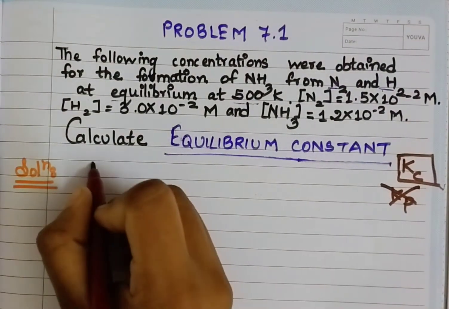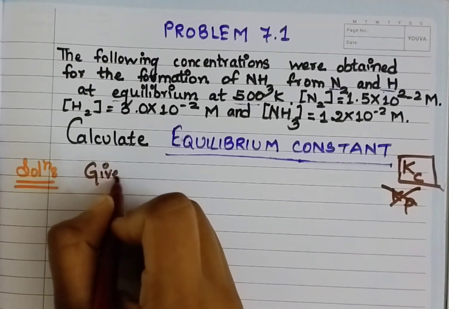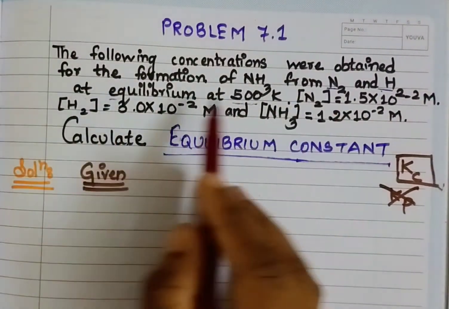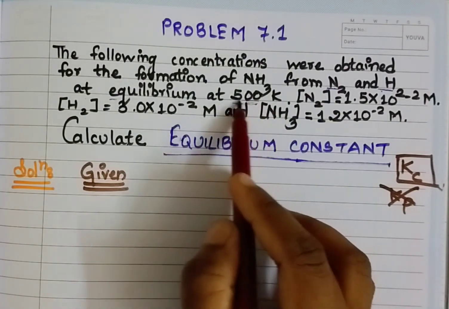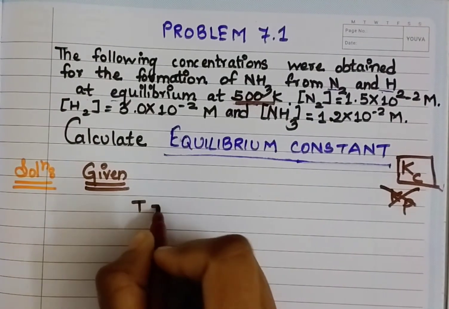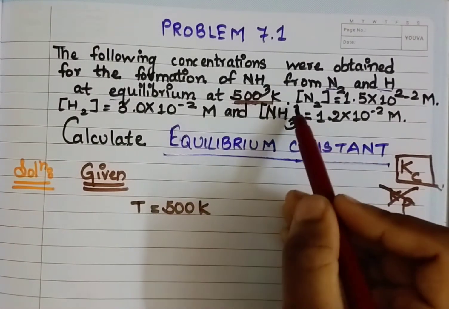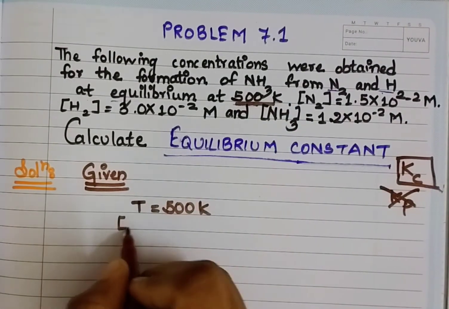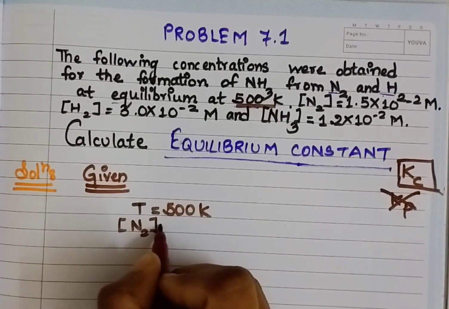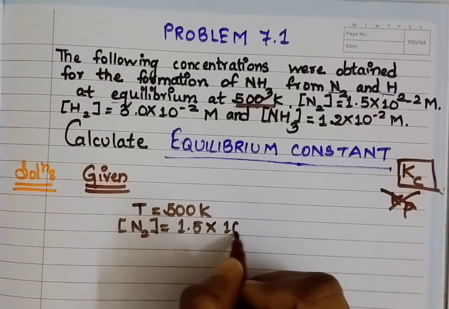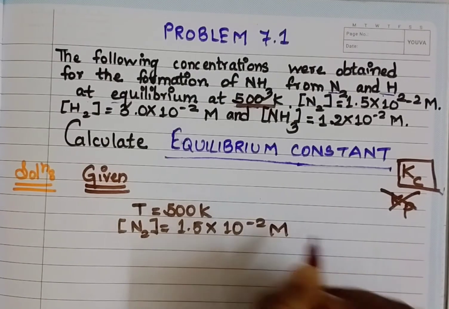Okay, then let's start writing out the given information. The first given information is the temperature. We'll write T is equal to 500 K, and the next given one is the concentration of N2, which is 1.5 into 10 raised to the power minus 2 molar.